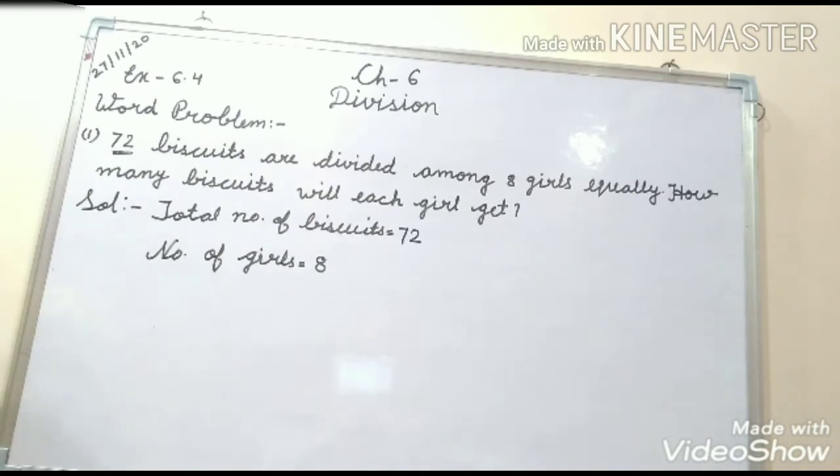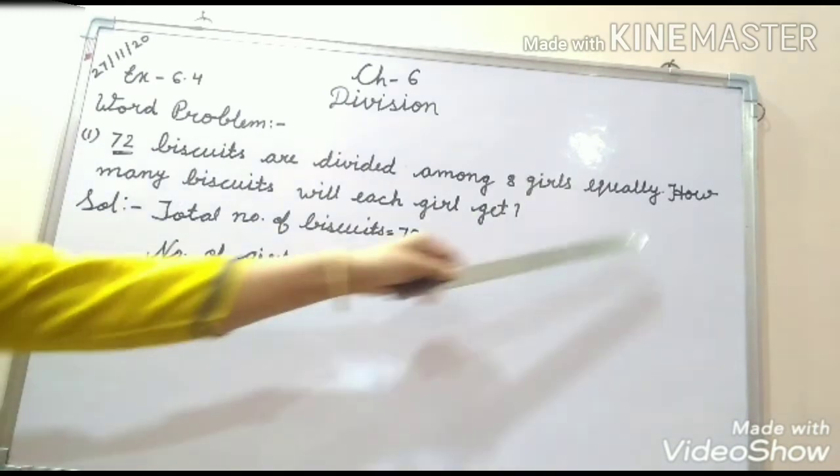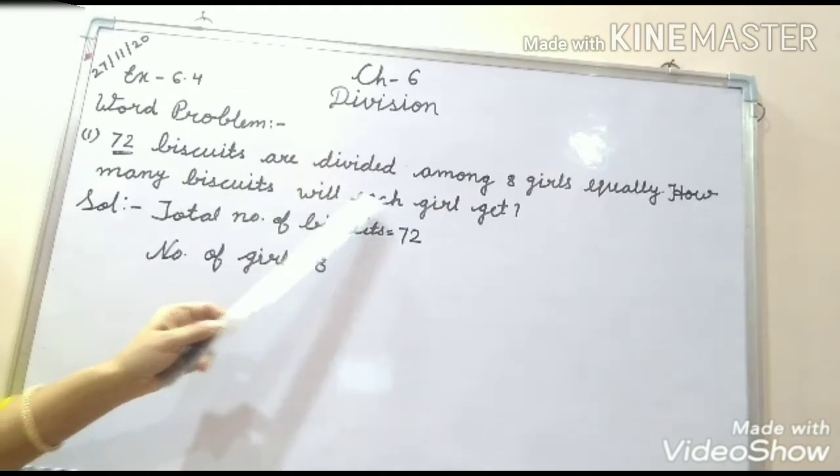Now the third statement will be what we have to find out. We have to find out how many biscuits will each girl get.